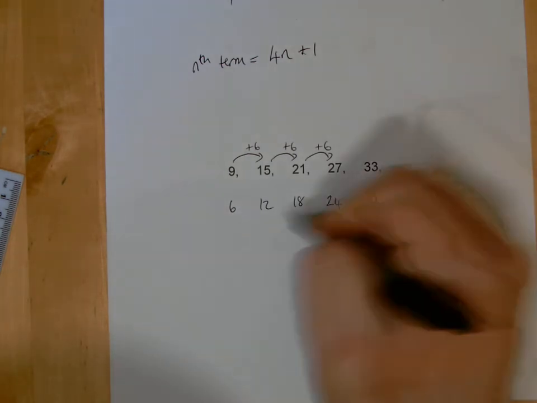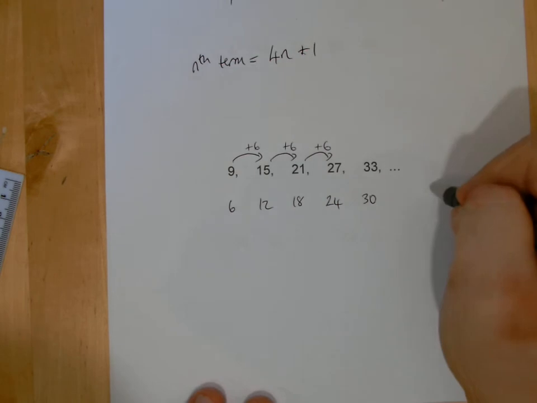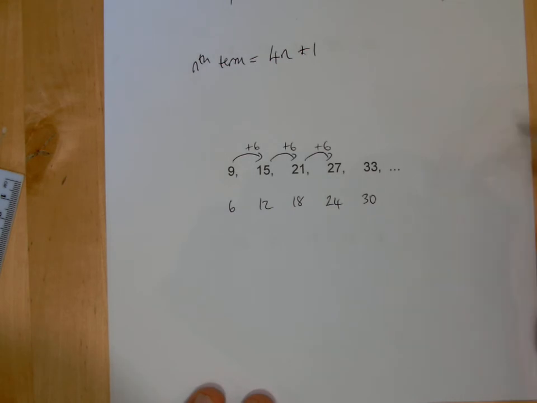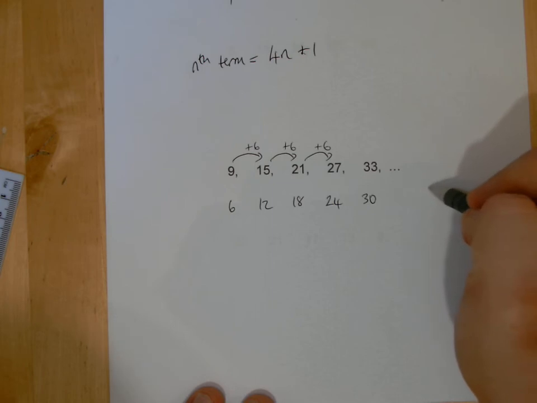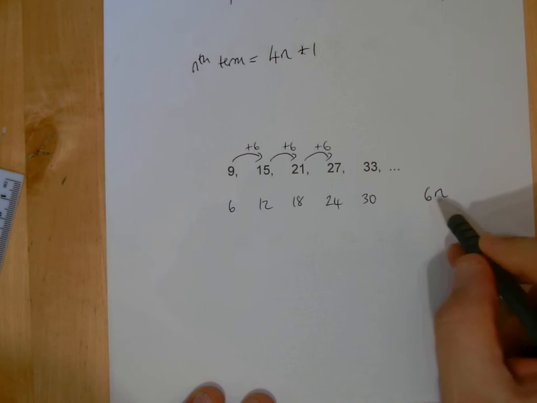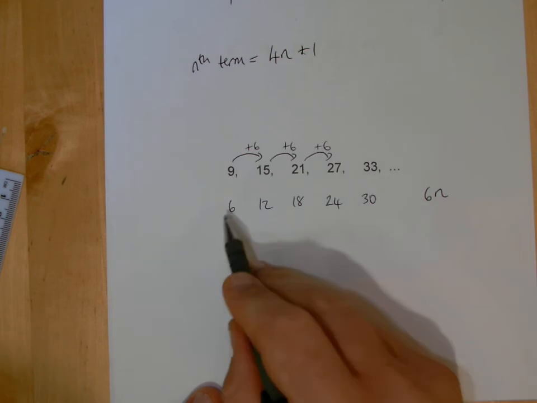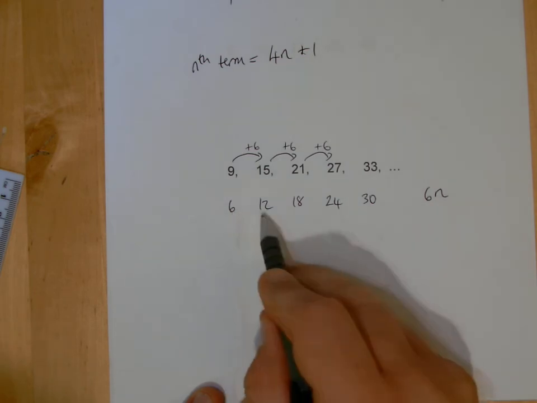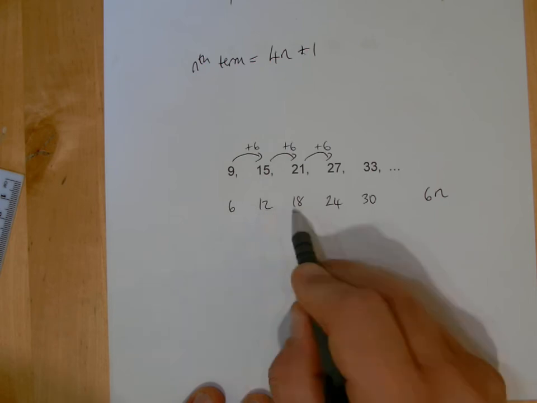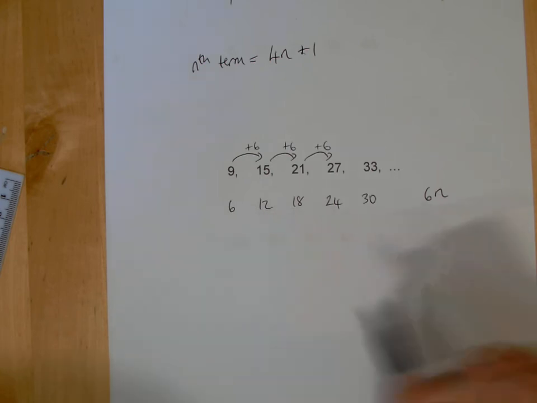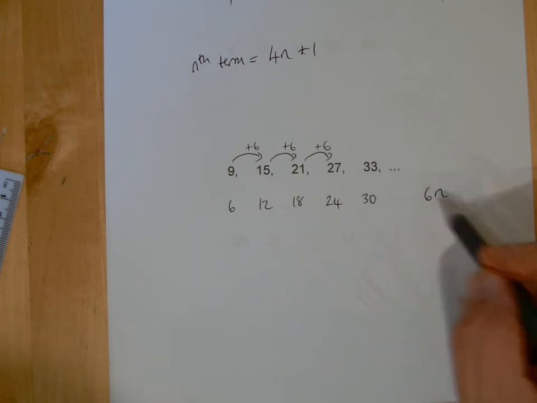Now, can you think what the algebraic expression for the 6 times table would be? Of course, it'll be 6n, because it's just 6 times a number. That's 6 times the number 1, 6 times the number 2, 6 times the number 3, and so on. So this is 6n.